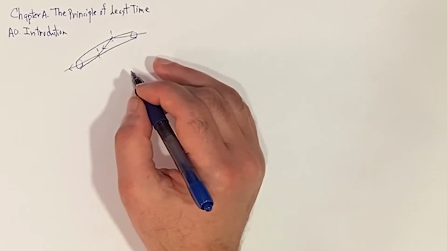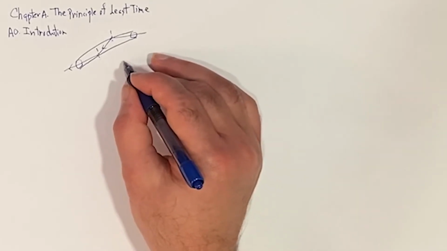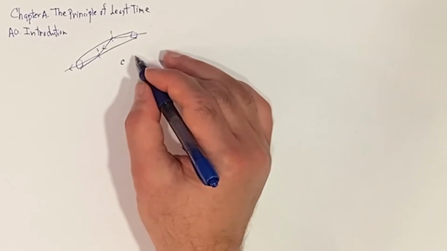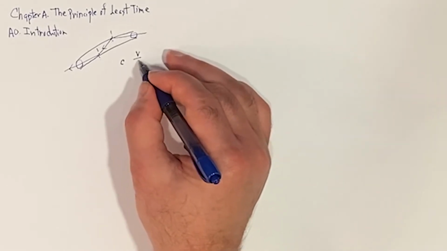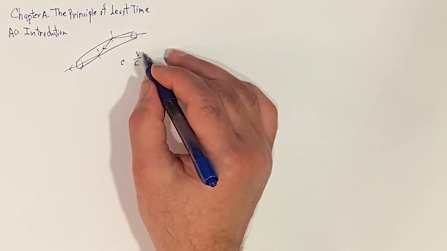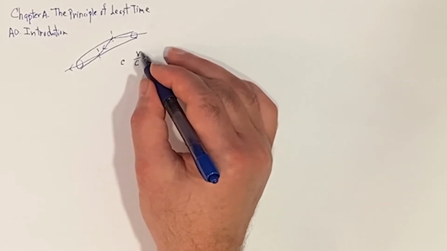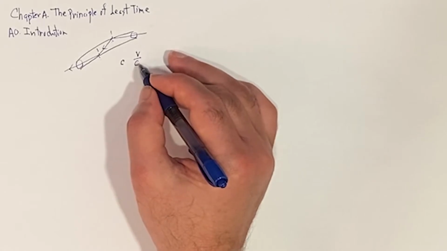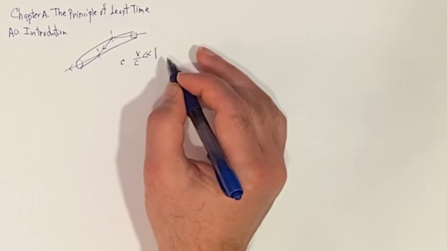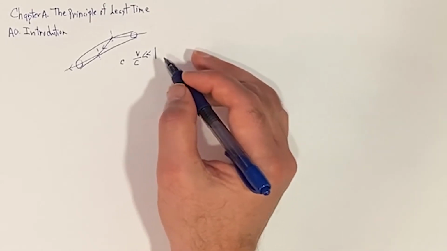So in Einstein's equations, you have the speed of light, lowercase c, showing up a lot, and then you have your velocity divided by c appearing a lot. And in those equations, if your speed v is very much less than c, so that v over c is very much less than 1, then you recover Newton's laws. Now that is really neat.